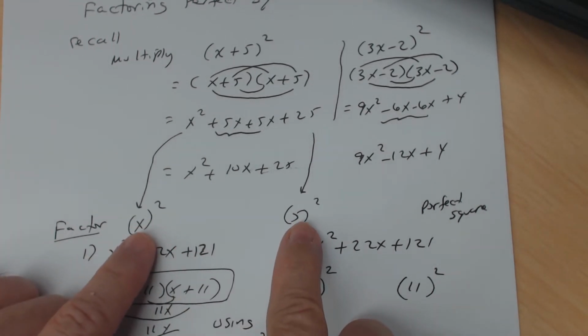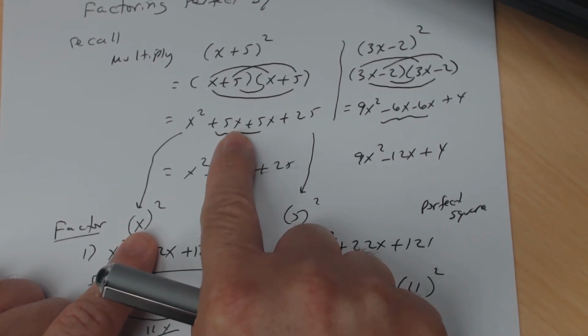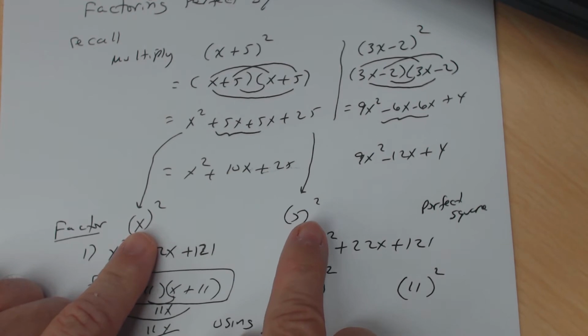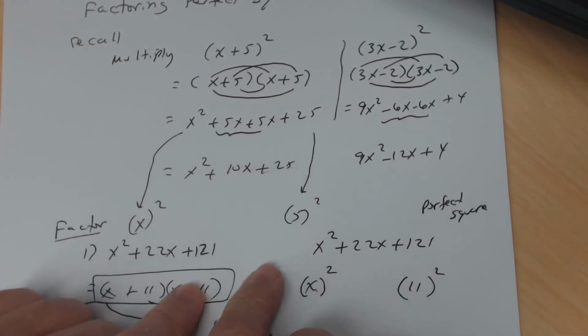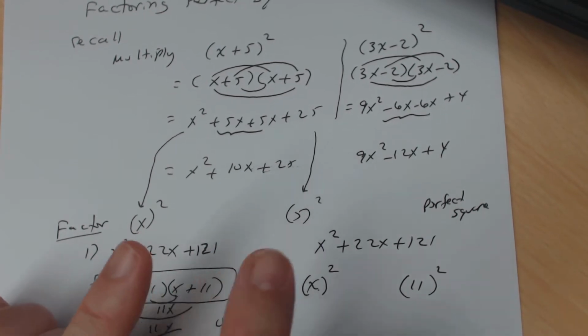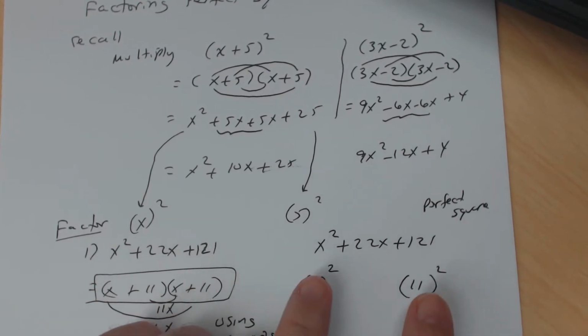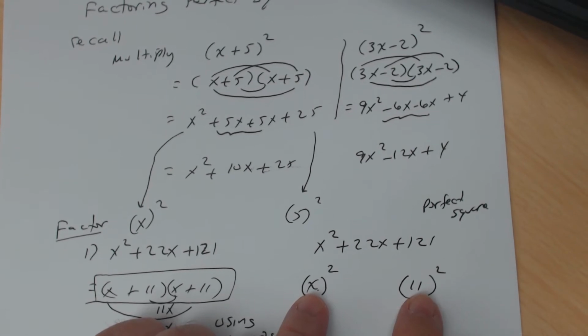So if I multiply 5 and x, I get 5x. That's one of the outer and inner terms, but how many are there? There are 2. So you multiply by 2 to get this 10x. So 5 times x is going to be either your outer or inner term. It does not matter, but there are 2 of them. So that's going to be times 2. So here, I get x times 11 is 11x, and if I multiply by 2, I get 22x, which is what this is.